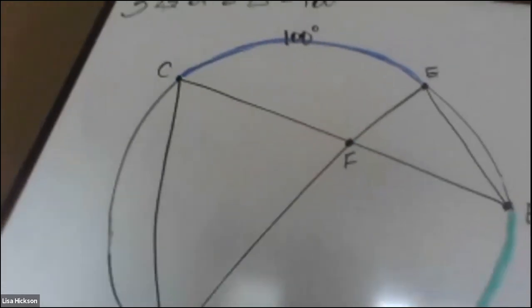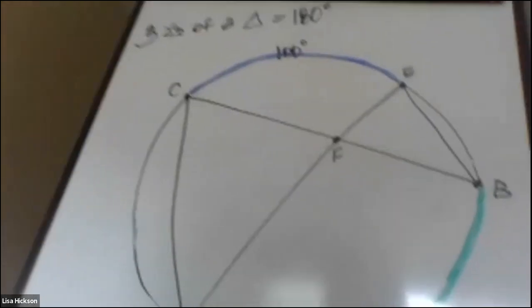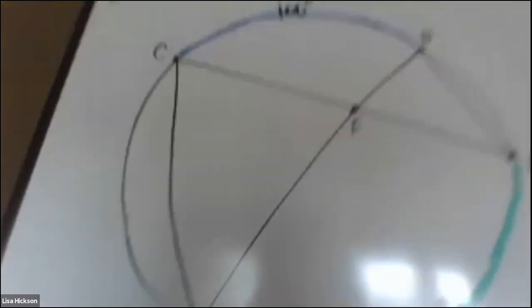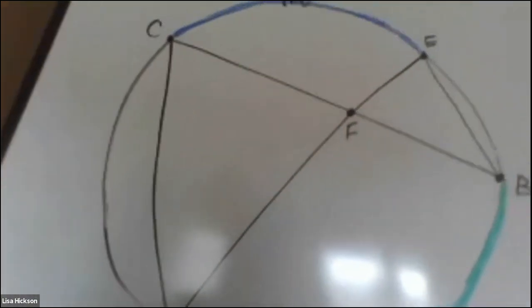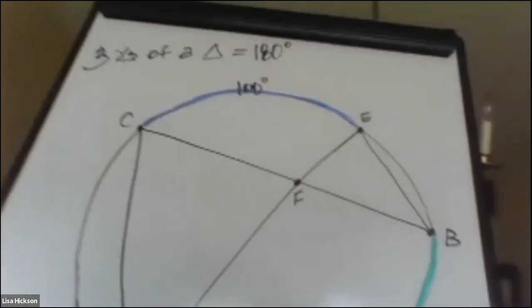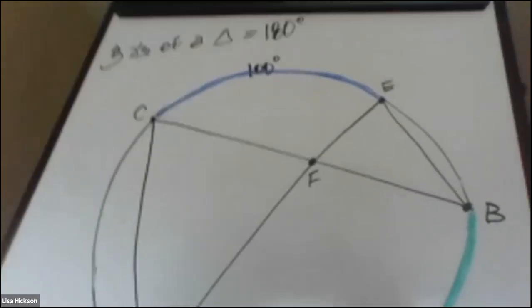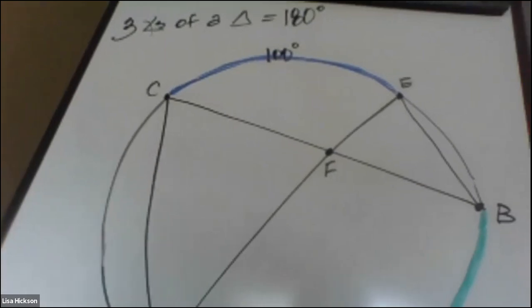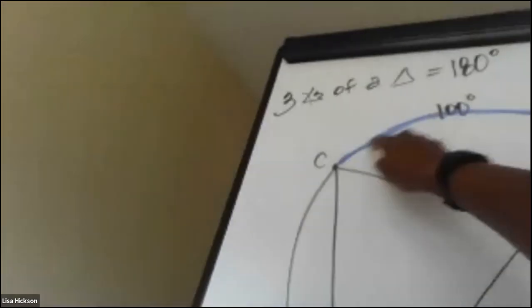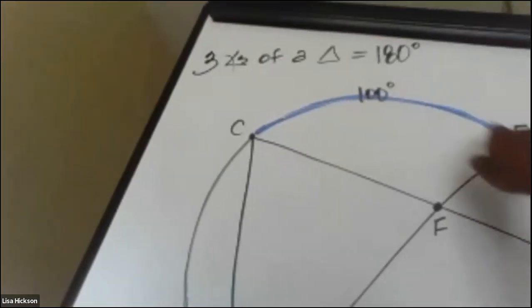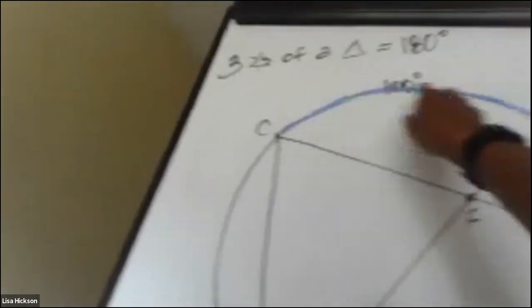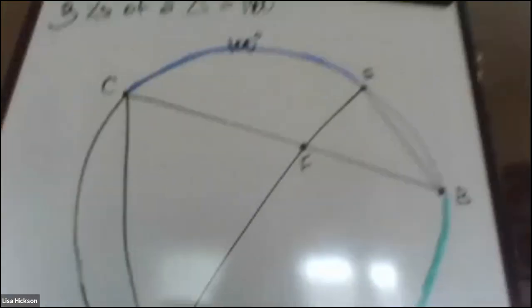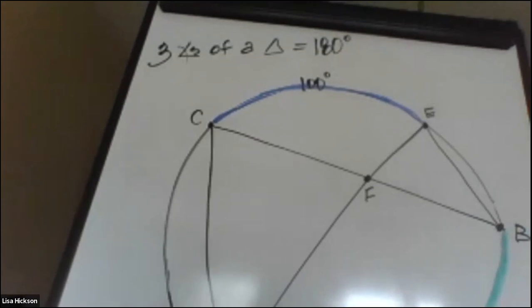So now, again, we've been talking about inscribed angles. So somebody tell me the inscribed angle that is related to the arc from C to E. This arc here. Tell me the inscribed angle that's related to this arc. You can look at your paper.